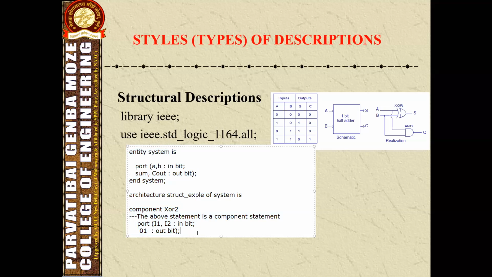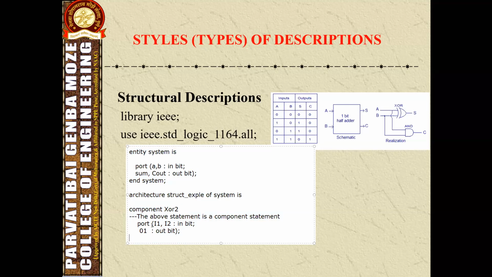Here we have to mention the description of each component. We are going to use two gates, so we have to give the information about each gate. The first component or first gate is XOR 2. I have given the name like this, XOR 2.